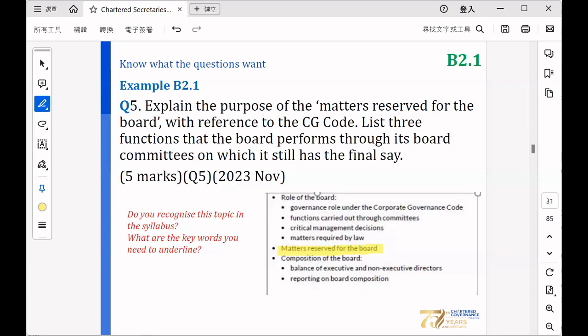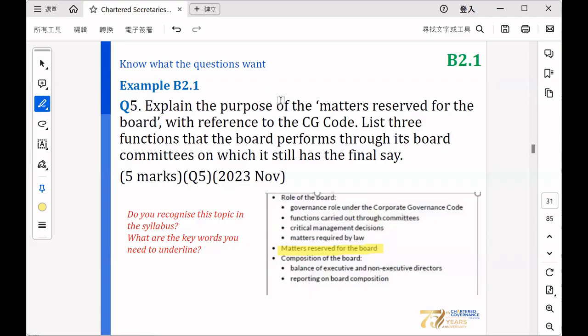But it's also possible that it can be very detailed. And if that's the case, the company secretary will play a major role to ensure that the schedule is observed. So it's a simple and easy question on a particular topic in B2.